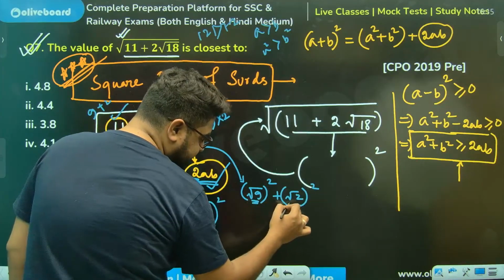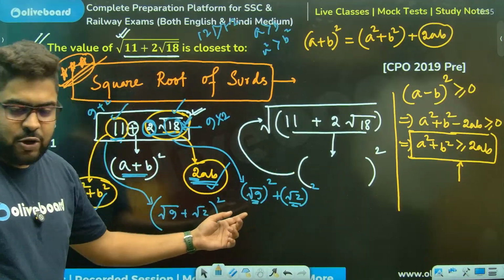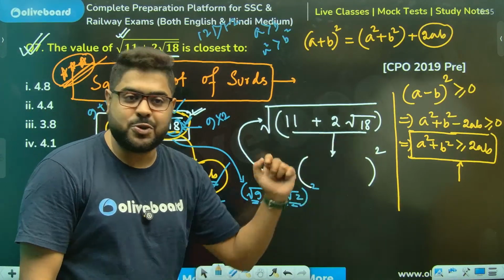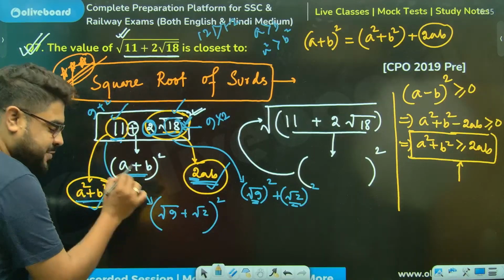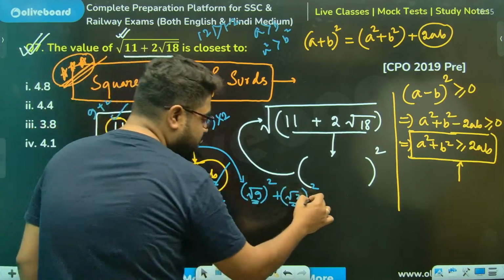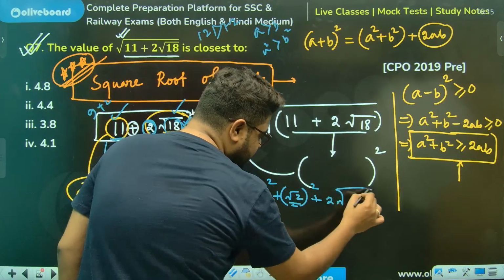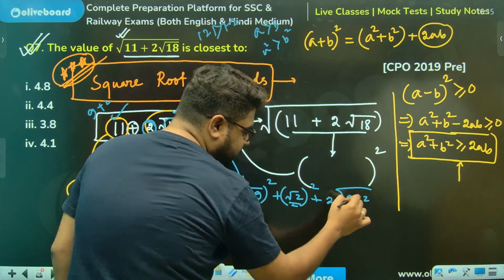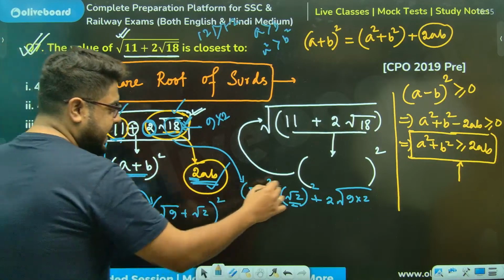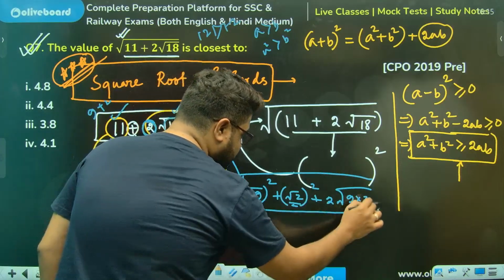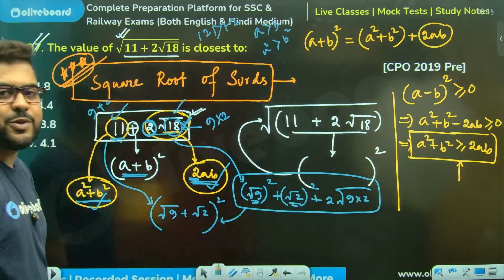This is your A, this is your B. Root 9 square is 9, root 2 square is 2, 9 plus 2, 11. A square plus B square, plus 2 into root 9 into root 2, which is 2 root 18. So that means A square plus B square plus 2ab is equal to A plus B whole square.